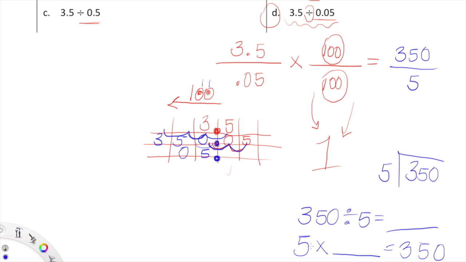Well, I know 5 times 7 is 35. So I need to bring a 0 to the party. 5 times 7 is 35. 5 times 70 is 350. So our final answer for this fun problem is 70.